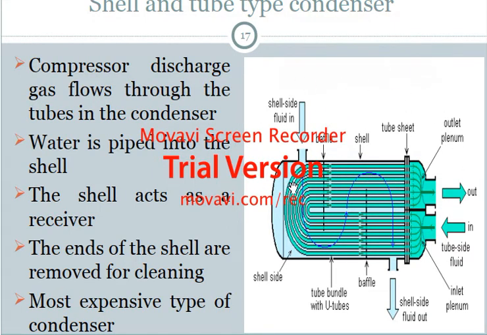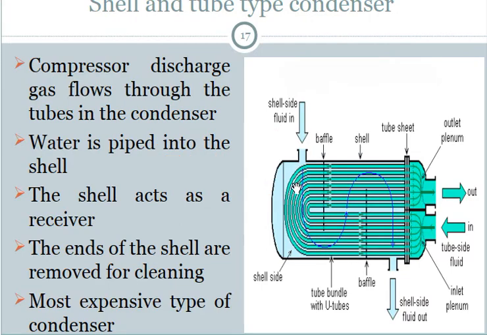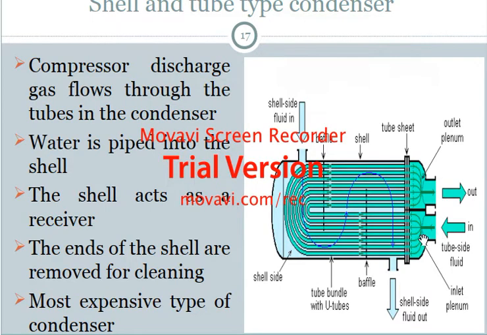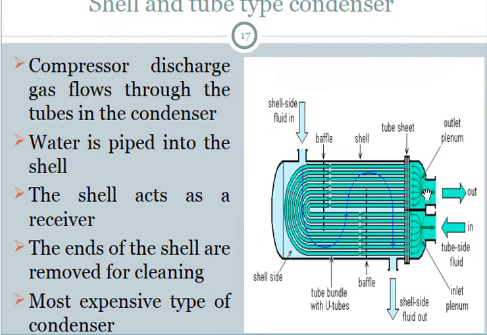Maybe the green color shows the refrigerant flow using the tube, with the supply from the inlet here, and then it goes outside through this.